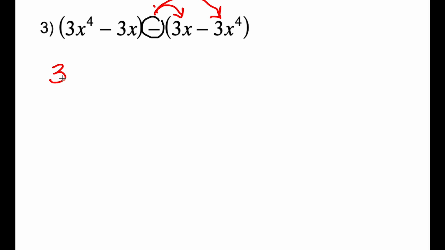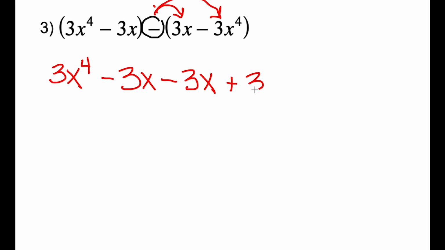Bring down your first two terms, 3x to the fourth minus 3x. Now negative 1 times positive 3x becomes negative 3x, and negative 1 times negative 3x to the fourth, negative 1 times negative 1, changes this to a positive 3x to the fourth.